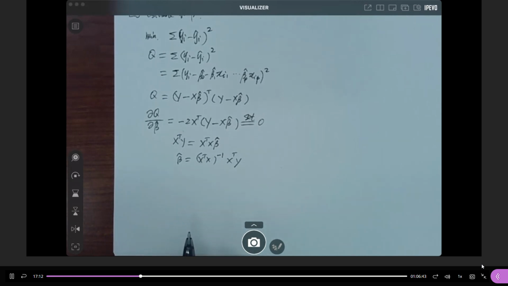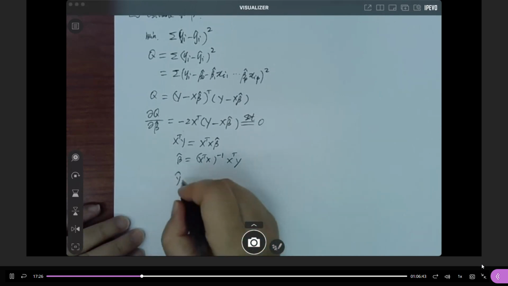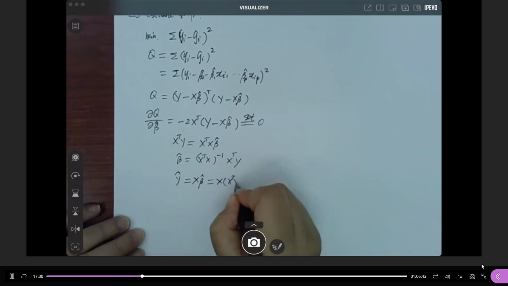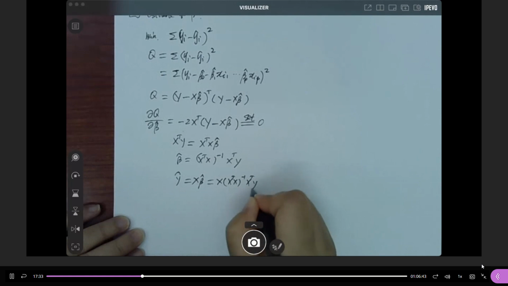It will introduce large errors, and we will address that problem in the future, okay? So right now, just don't worry about that detail yet. Just assume we can do inverse on that, okay? Then you have y hat equal to x beta hat, which is x transpose x inverse x transpose y.